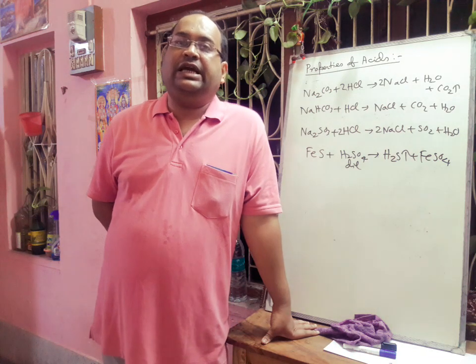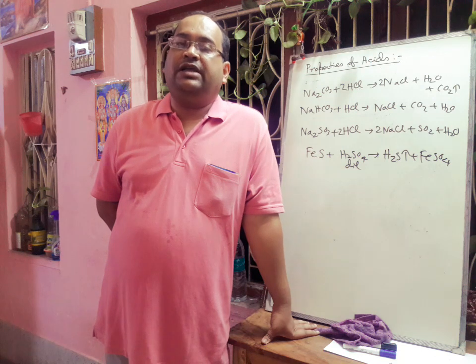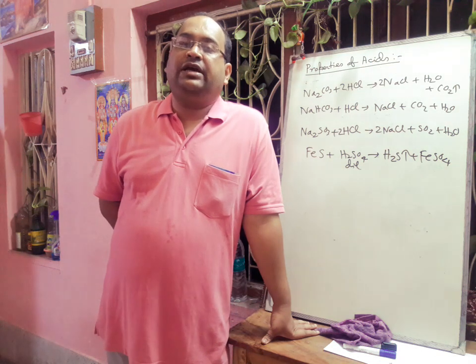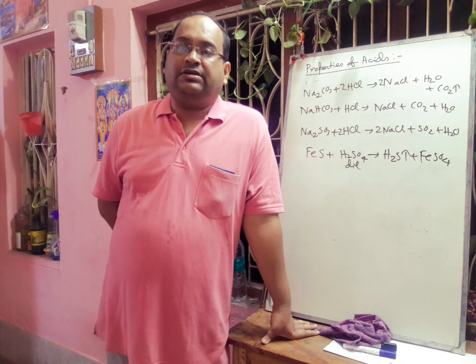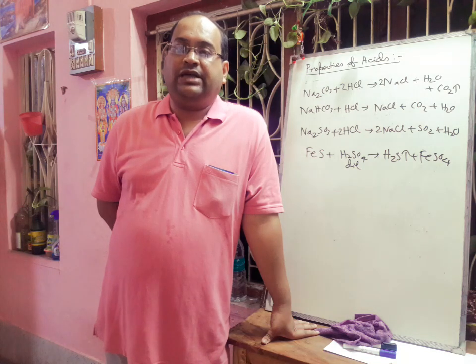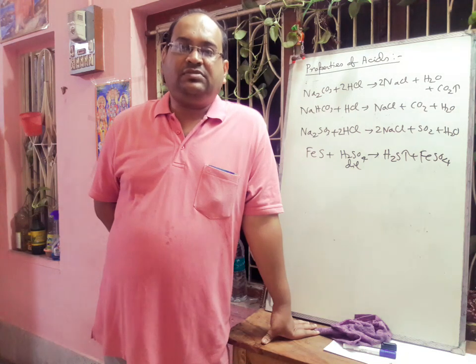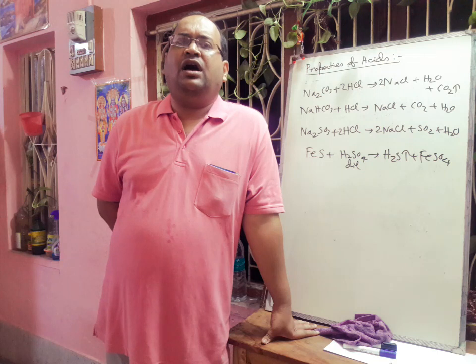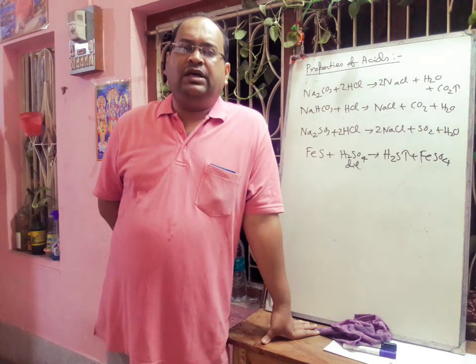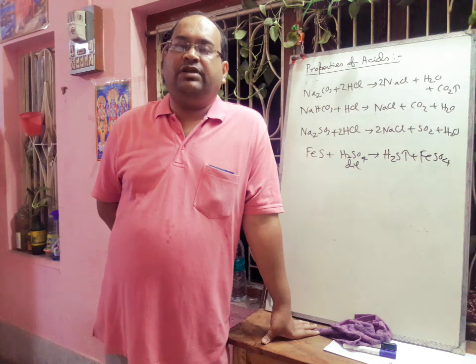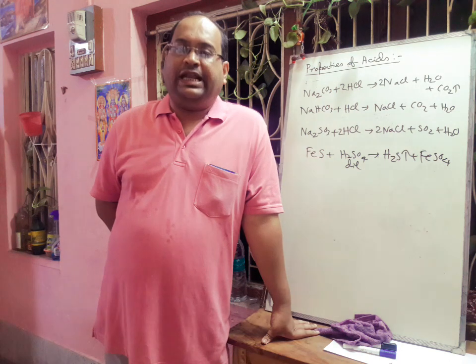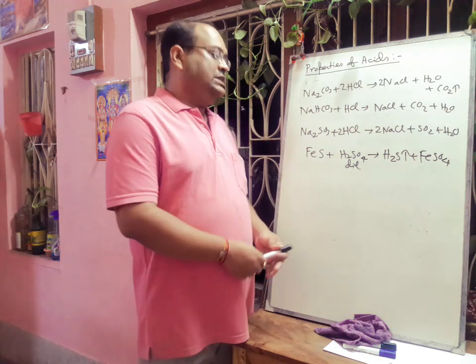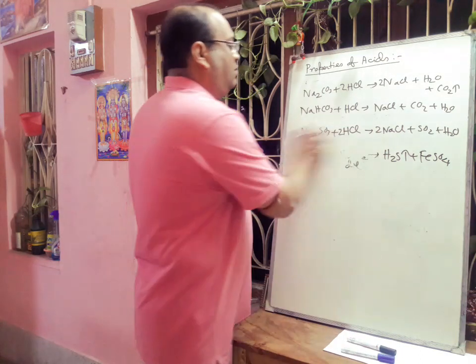This nitric oxide again will convert into nitrogen dioxide, and nitrogen dioxide will convert into nitrogen trioxide or NO3. Now these will react with each other to form N2O5, and finally N2O5 will react with water to form nitric acid. I am showing you the reactions of how acid rain is formed.